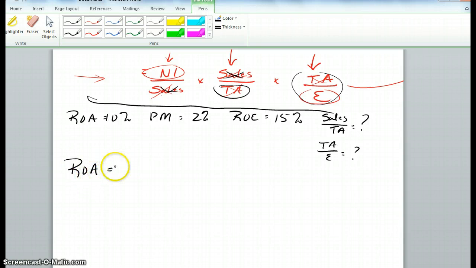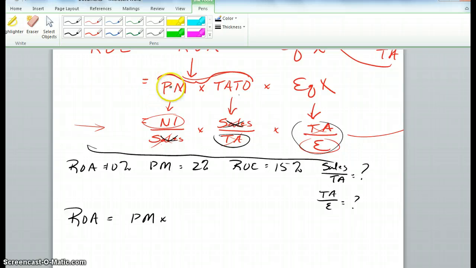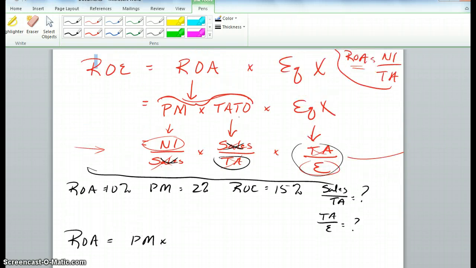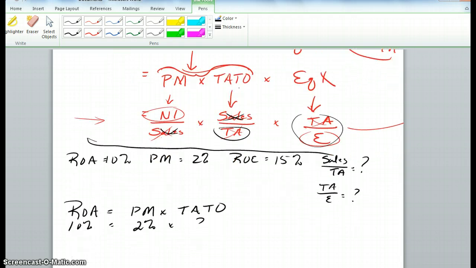We know return on assets equals profit margin times, if I'm looking at this part of the layer, TATO. I'm going to solve for total asset turnover because I have return on assets and I have profit margin. So I can easily solve for total asset turnover by switching around this equation.